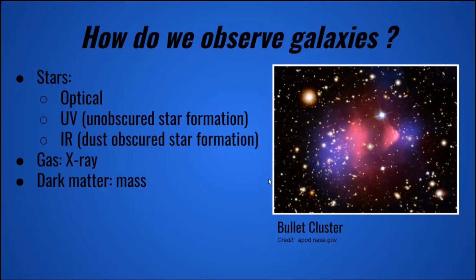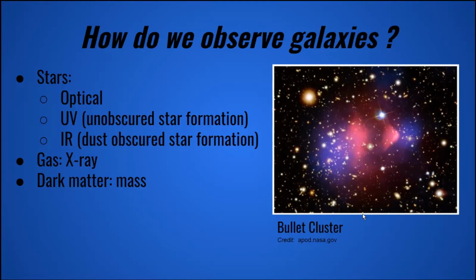In a weird way, we can also observe, not directly, dark matter. And we can do that by measuring the mass within a group or a cluster of, mainly a cluster of galaxies. We can measure the mass given the galaxies and their velocity. So the purple is still the gas, so the X-ray, while the red in this case is the dark matter.